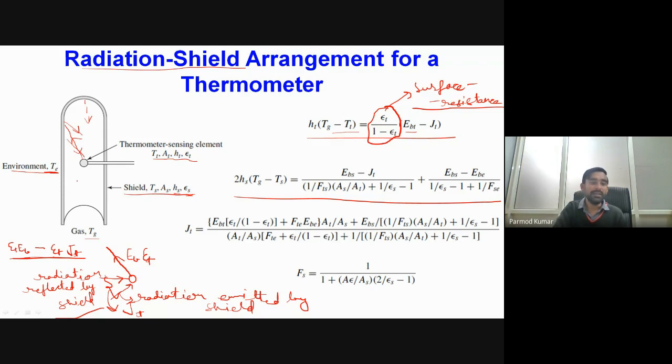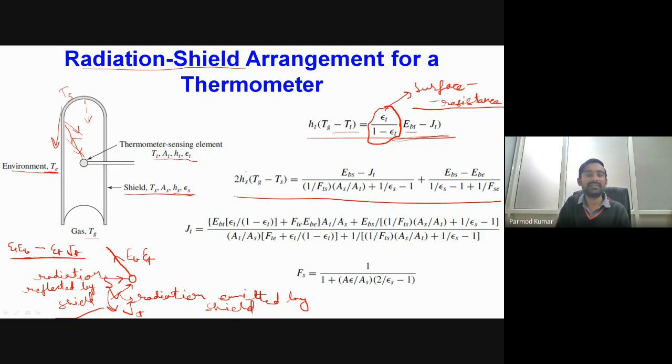Now when we are considering the shield, obviously we have the environment outside as well. So from TS to TE there will be radiation heat transfer, as well as convection heat transfer from the surface of the shield, because gas is flowing over the shield surface. At the same time, we will have heat transfer between the thermocouple and the shield, which is accounted for with this particular term.